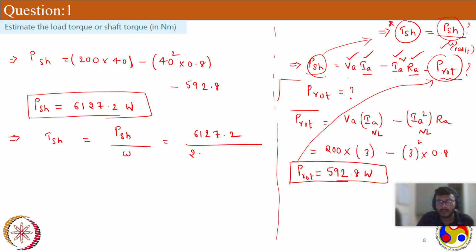So to recap the concepts we have discussed today, I will just quickly tell you what all concepts we have discussed. We started with the power flow diagram of a DC motor. We saw for a separately excited motor or a shunt motor, it's applicable for any motor. So we started with what is the power input and what is the copper losses in the field.